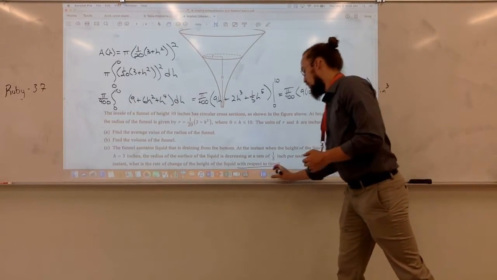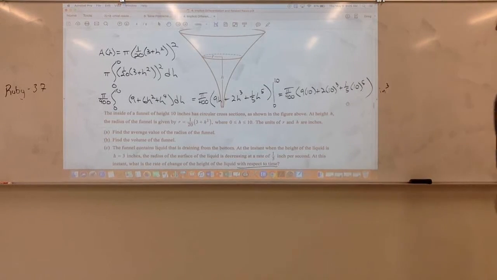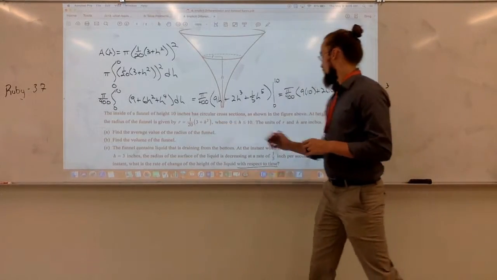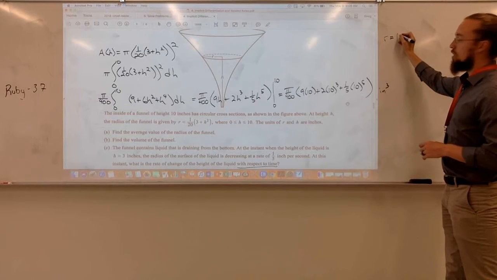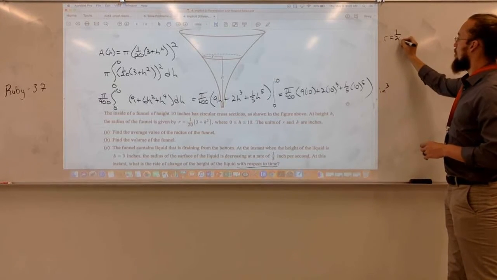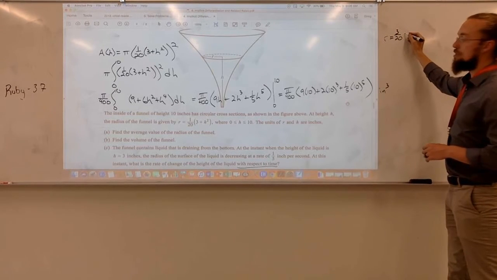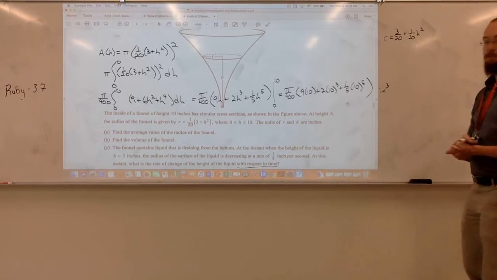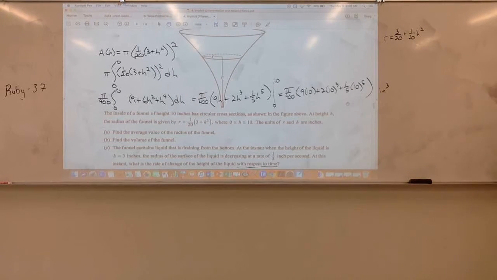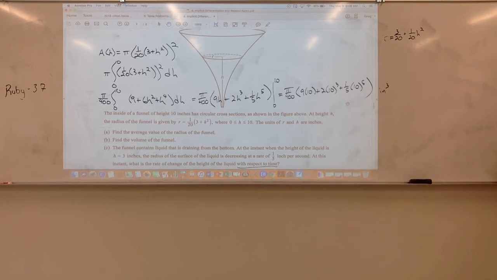So whenever we see with respect to time, and things are decreasing at a rate, we should think related rates. So I'm given this function, my R equals, and I'm going to go ahead and distribute that 1/20th. So 1/20th times 3 would be 3/20ths plus 1/20th h squared. So I want to take the derivative of this function with respect to time.